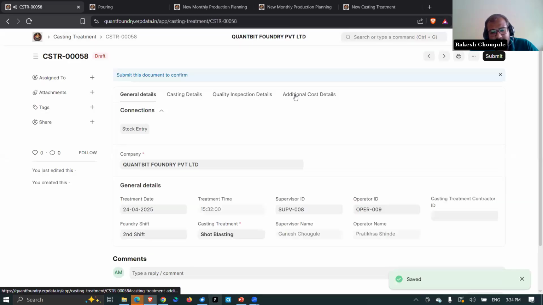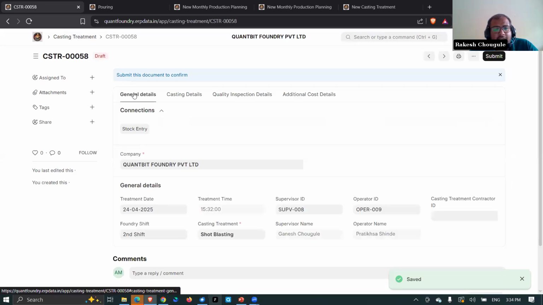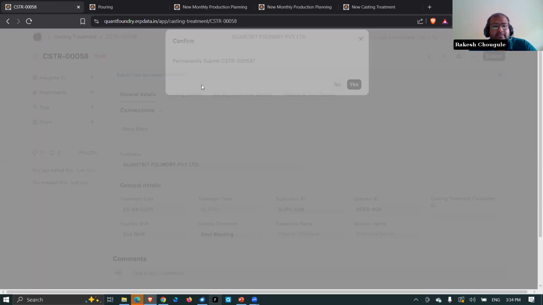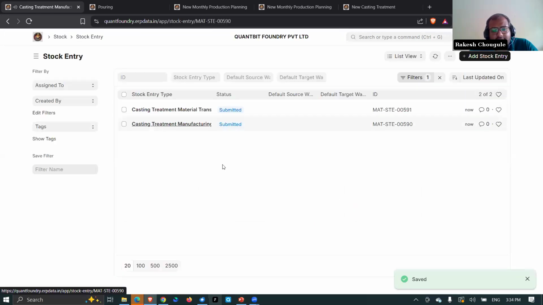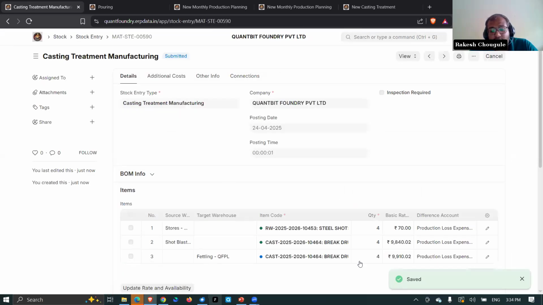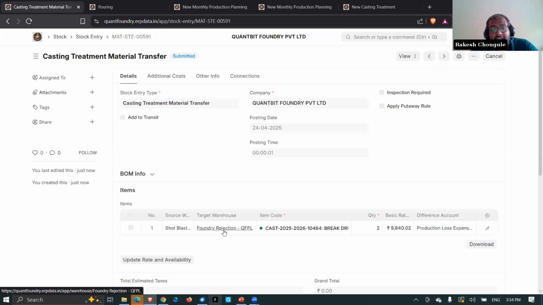After saving, in this entry also there will be an additional cost, and if I save it, it will move to the next process. You can see here it will move to fettling. 4 quantities of the product casting will only move to the next process, and the rejected quantities, that is 2 quantities, will be moved to the rejection location.